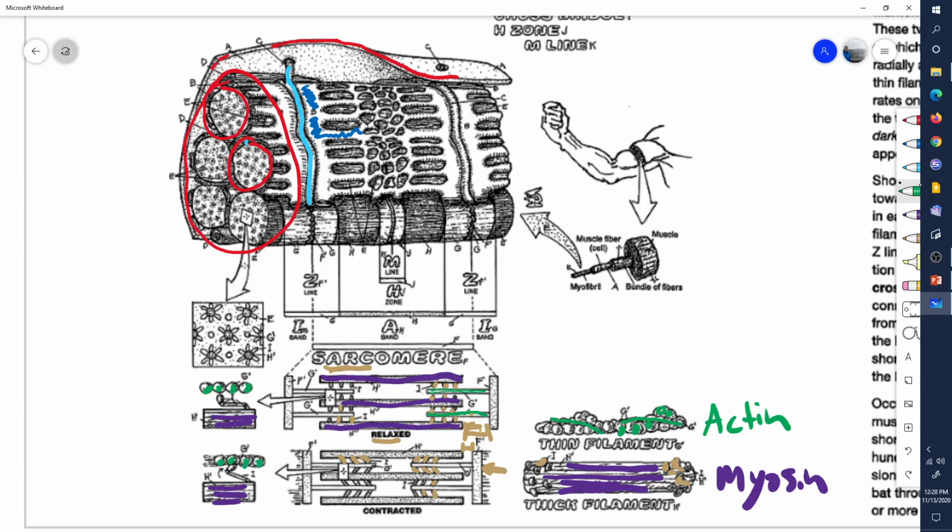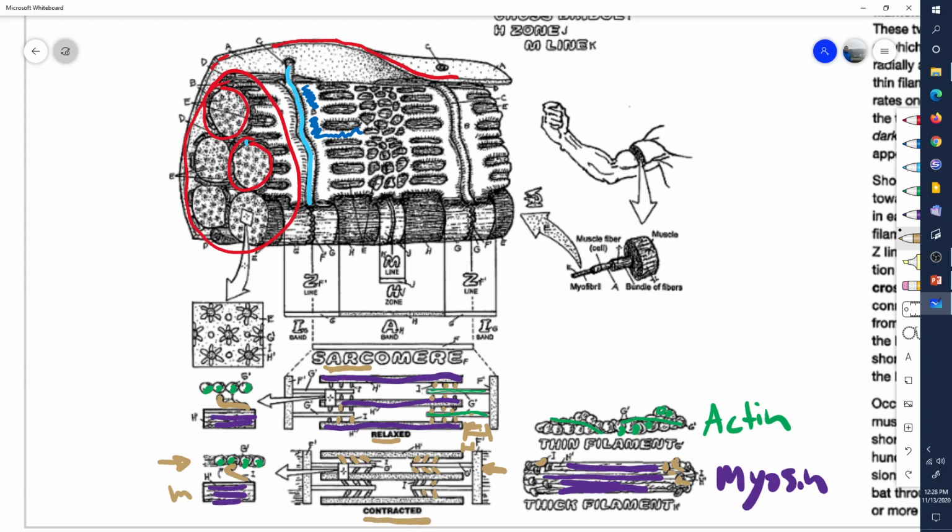This is a more detailed description of what happens. Here's the cross bridge. Look how it comes off of myosin and reaches in, and what it does is it pulls like a lever. The cross bridge pulls the actin backward in this direction, thereby contracting the muscle.